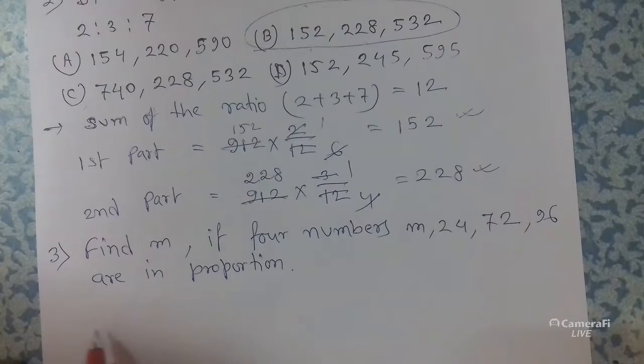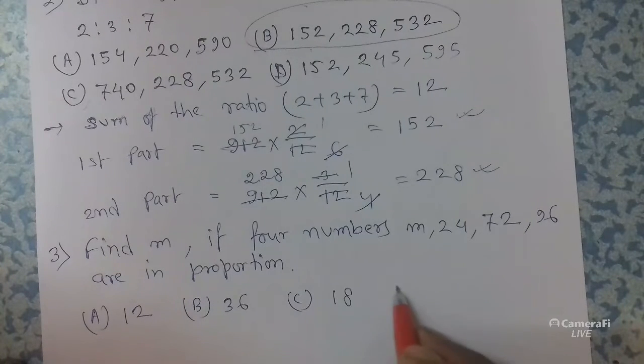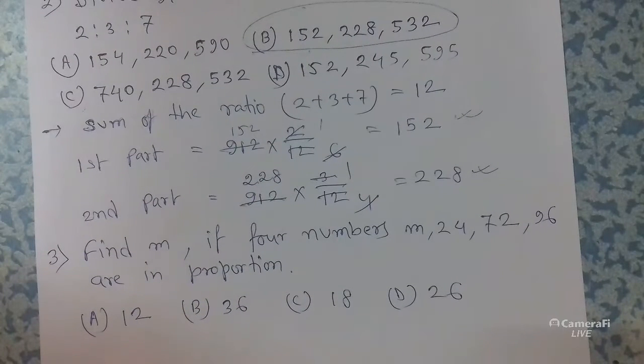The options are 12, 36, 18, 26. So find M if four numbers M, 24, 72, 96 are in proportion.